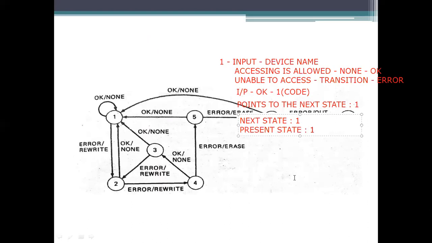Now what is the present state? 1 itself, because it returns after specifying that nothing has to be performed at this point. And then we need to restart that procedure. Why so? Because we reached the initial state here, so no need to perform any actions here.